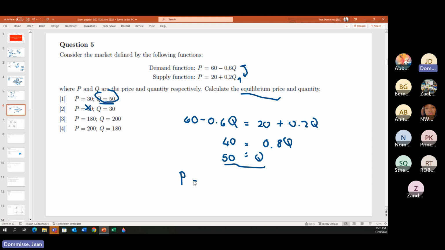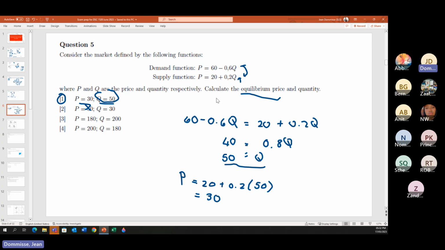But if there were 2 Qs, I would have just put it back into this function. And then 0.2 times 50 is 10. 10 plus 20 is 50. So there again, we see that it is option 1. Okay, but again, just tips. I would have stopped there.